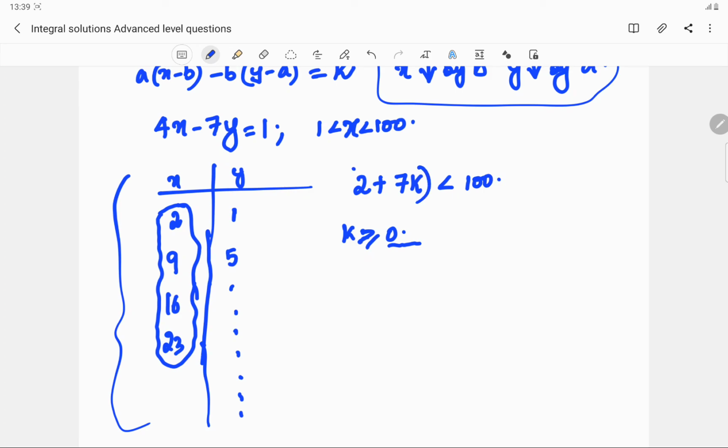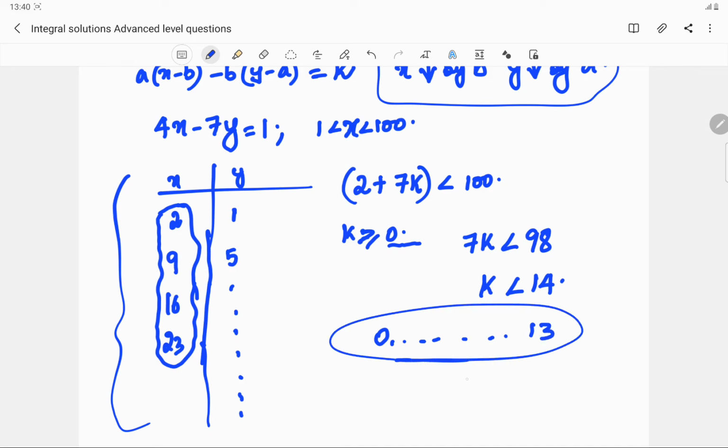So 2 plus 7k should be less than 100. So 7k is less than 98. That means k is less than 14. So less than 14 means 0 to 13. So in total there are 14 cases. These are the 14 solutions to this equation, provided x is lying from 1 to 100.